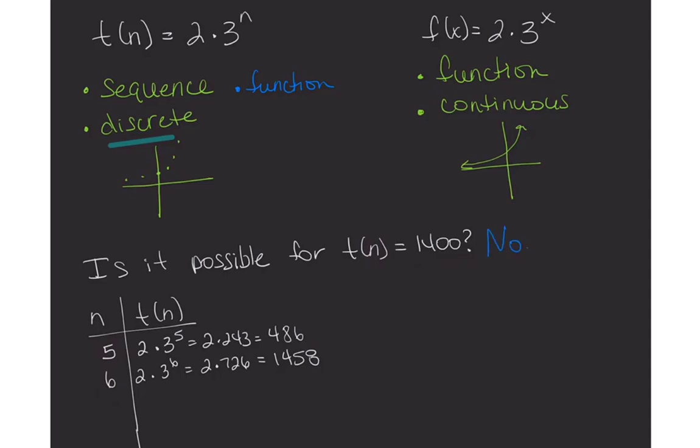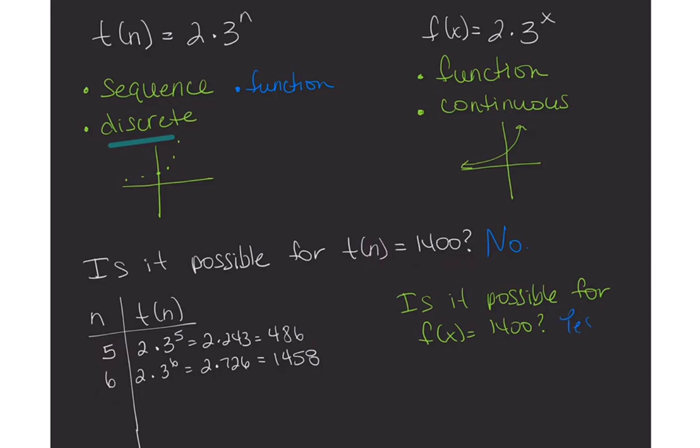But on the flip side of that, is it possible for f of x to equal 1400? And that one's going to be yes, because it's continuous.